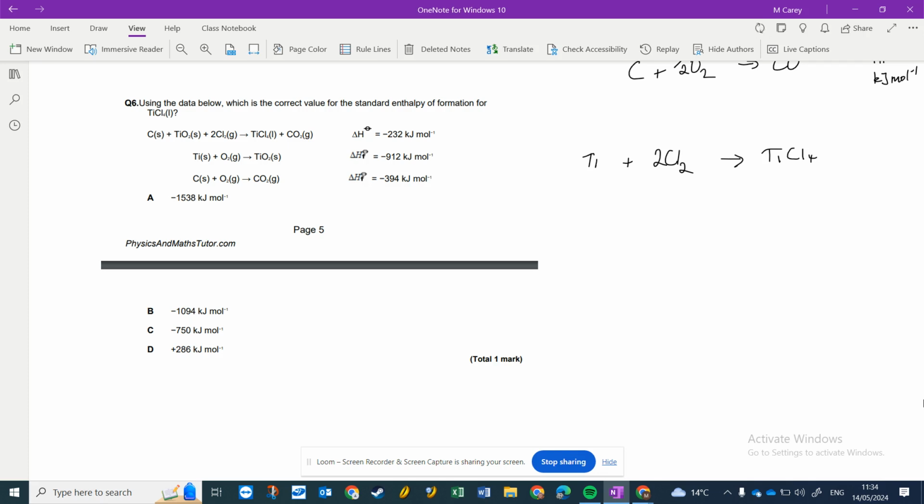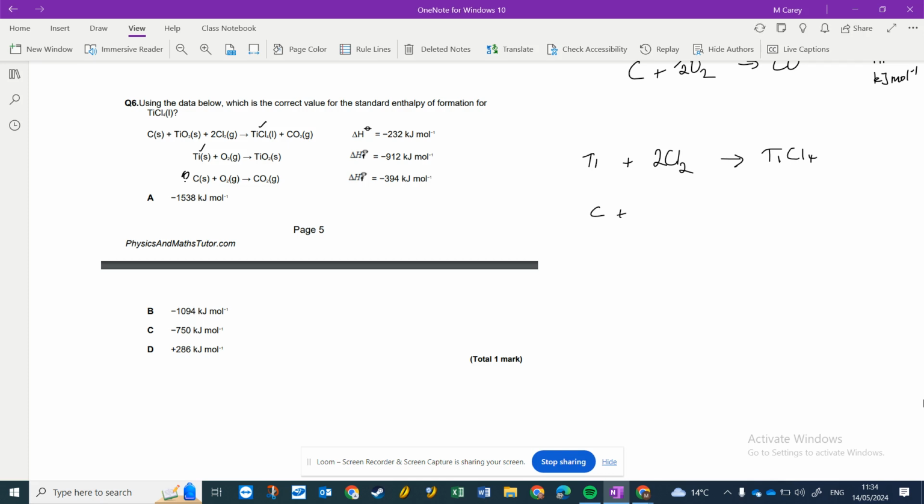Right, and we want, okay, so the first thing, we definitely want that top equation without anything changing. We definitely want the second equation because we've got Ti there. And I don't think we need that last one at all, I mean, we've no carbon. Oh no, we might. Let's add 1 and 2 together first of all. So what do we got?